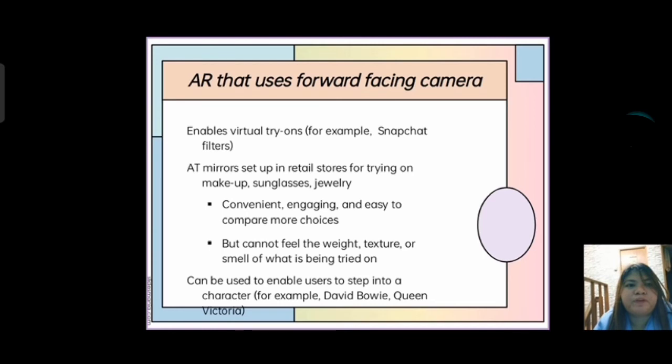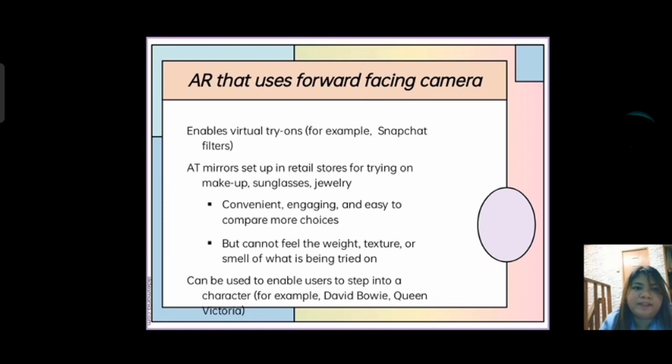AR that uses a forward-facing camera can enable virtual try-on, for example the Snapchat filter, or a mirror set up in retail stores for trying on makeup, sunglasses, and jewelry. It is convenient, engaging, and makes it easy to compare more choices.